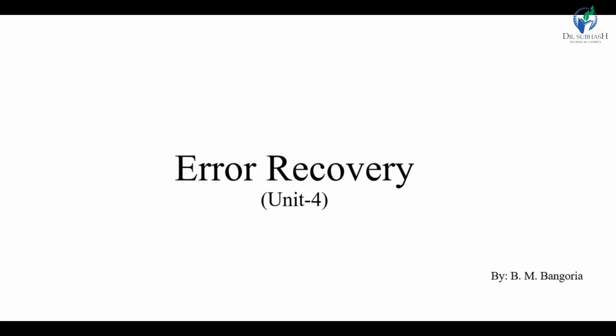Error is an action which is inaccurate or incorrect. In general, we will say that error is synonymous with a mistake. It's one type of mistake. So in programming language, I can say that any state or condition of being wrong in conduct is known as error.